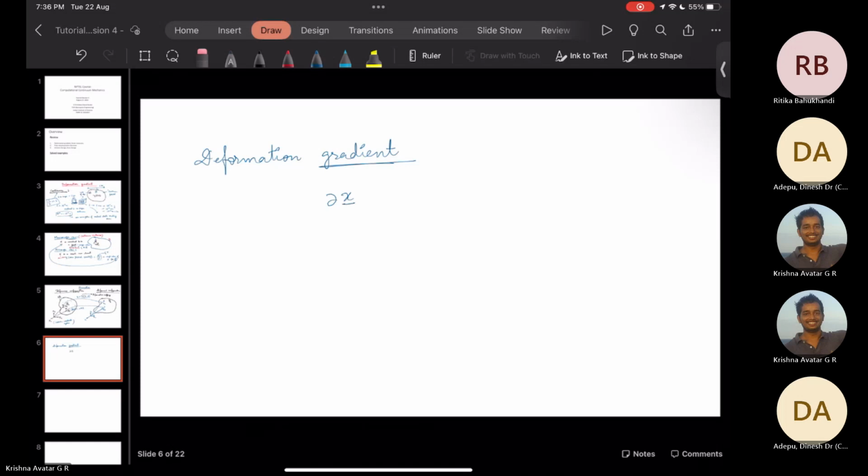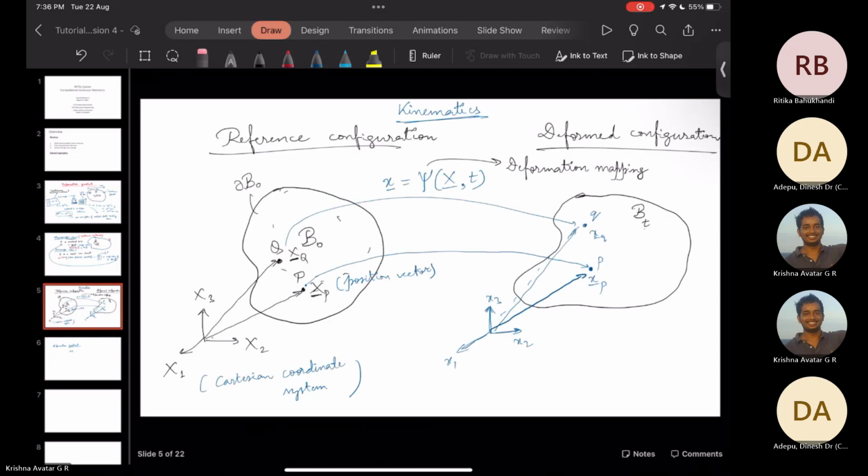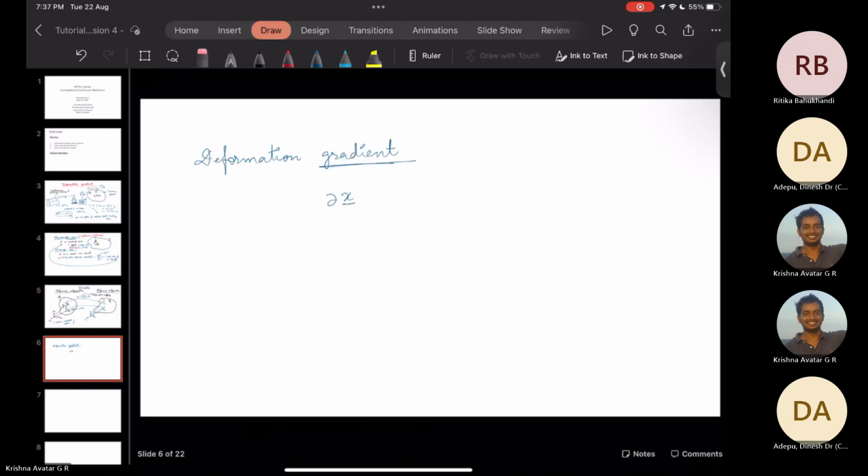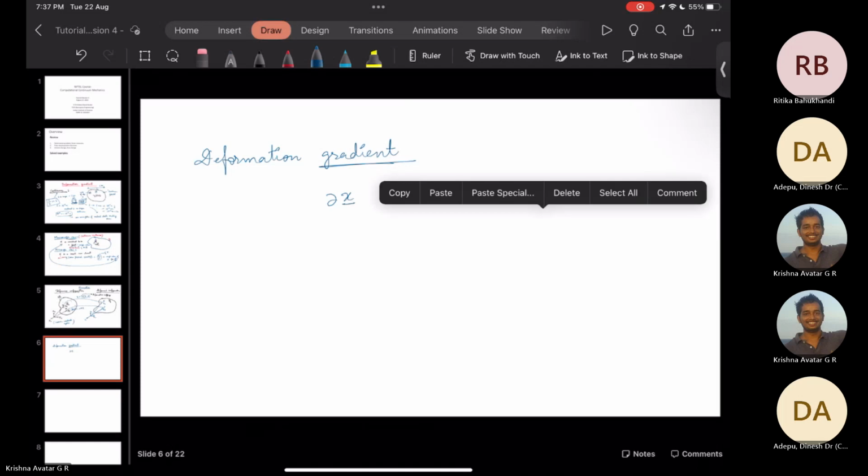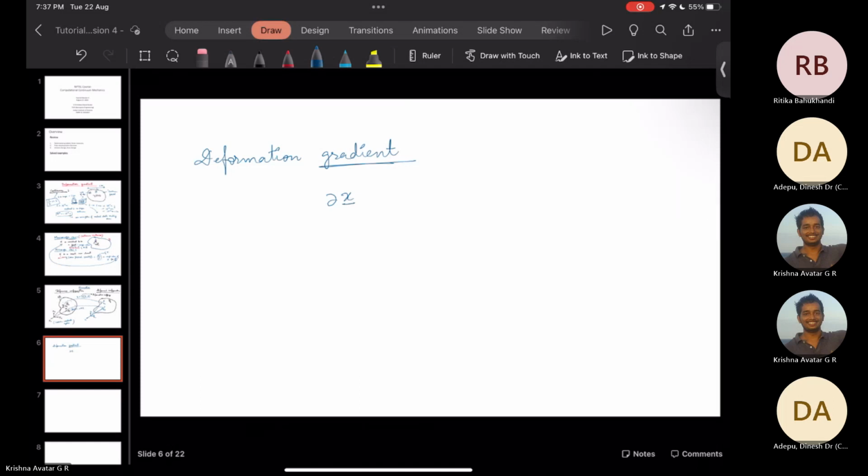So in this case, gradient simply says how a small element of the x vector changes. Let me make use of the figure here. We had talked about two points, capital P and capital Q, with position vectors X_P and X_Q, and then these got transformed to x_p and x_q.